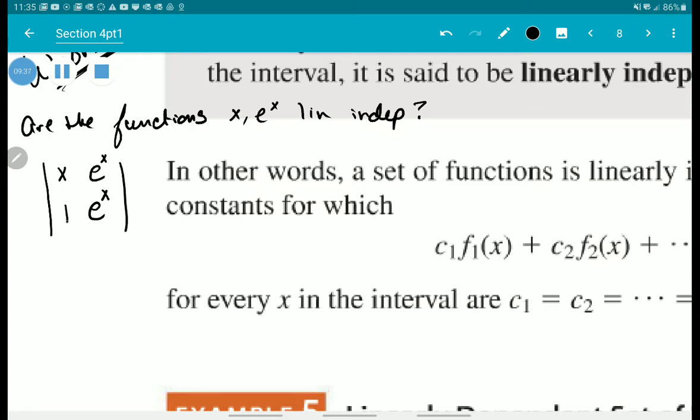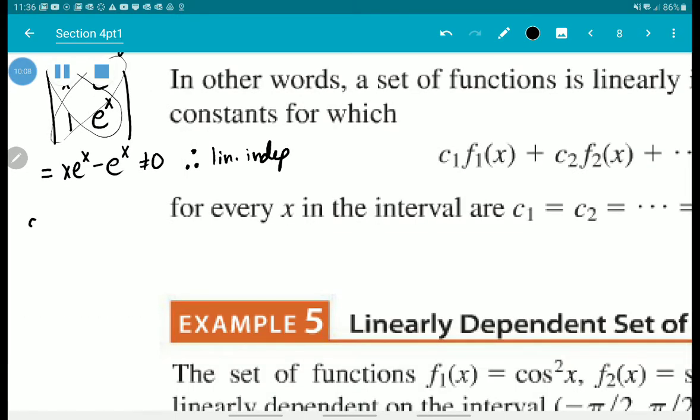So the derivative of x is 1, the derivative of e to the x is e to the x. And then we find what's called the determinant. To find the determinant of a 2 by 2, it's going to be x times e to the x minus 1 times e to the x. And we're asking, does that give us 0? Well, x e to the x minus e to the x is not 0. If it's not 0, then we say they are linearly independent.